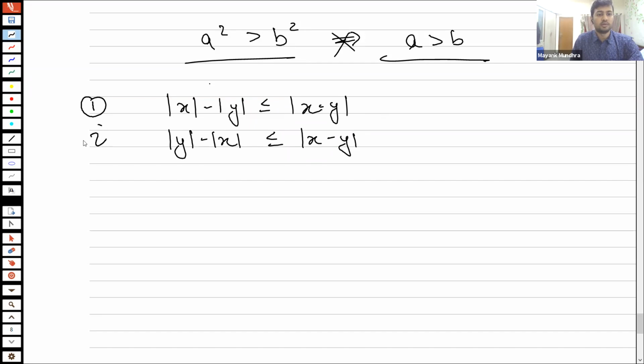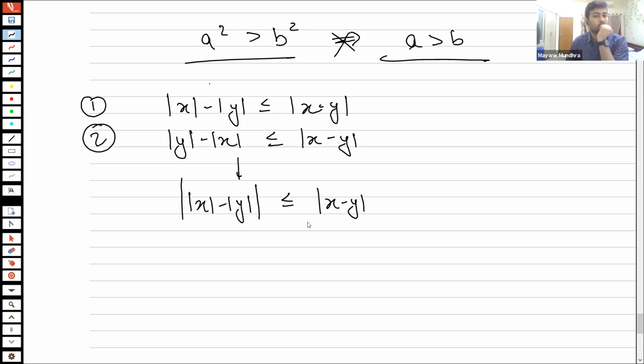Now, if both these things are true simultaneously, they can be written in a single statement: modulus of mod x minus mod y should be less than or equal to mod of x minus y.